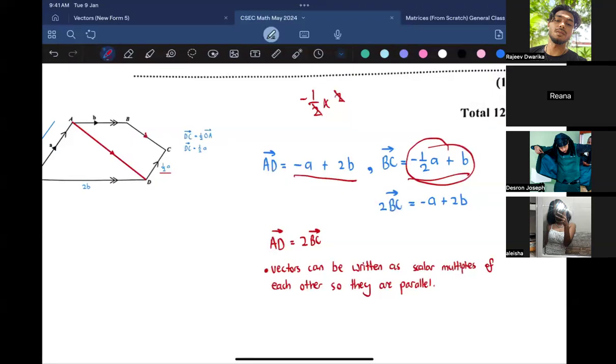Positive 1 or negative 1? Negative 1. So you're getting negative 1A, and what is 2 by B? You'll get 2B. Right. So I want you to make a connection. What is this looking like? You've seen that anywhere else? Minus A plus 2B.